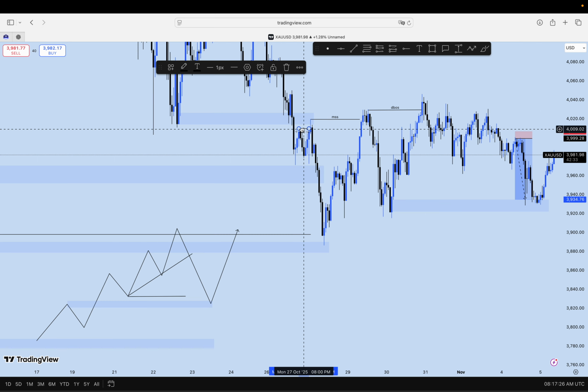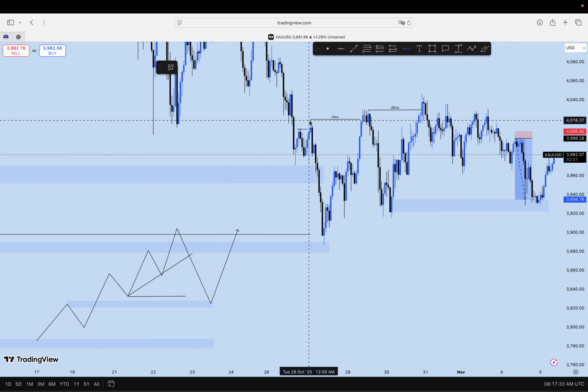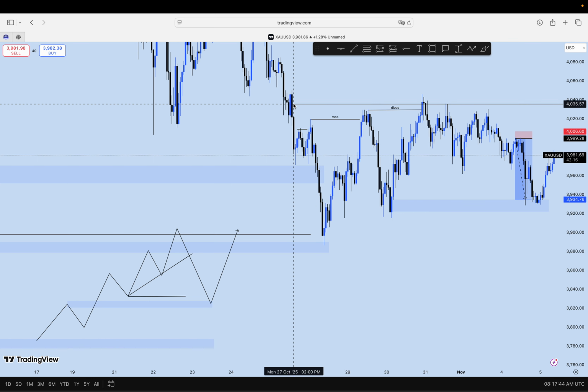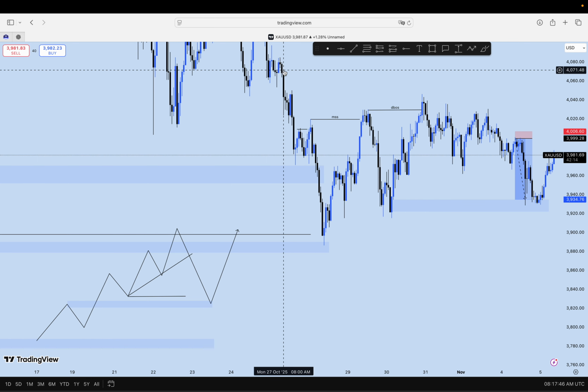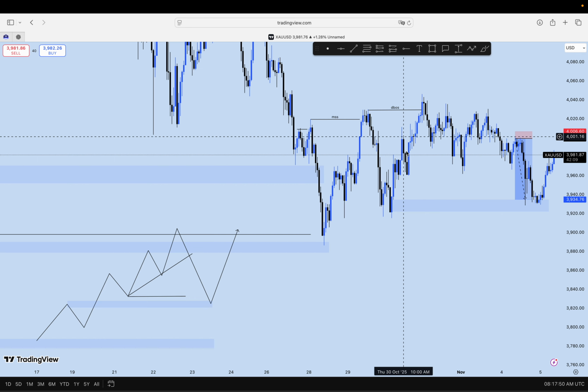After a sweep of liquidity, this high was supposed to be protected, but price went on to clear the protected high and mitigated this order block. So I consider this a market structure shift.